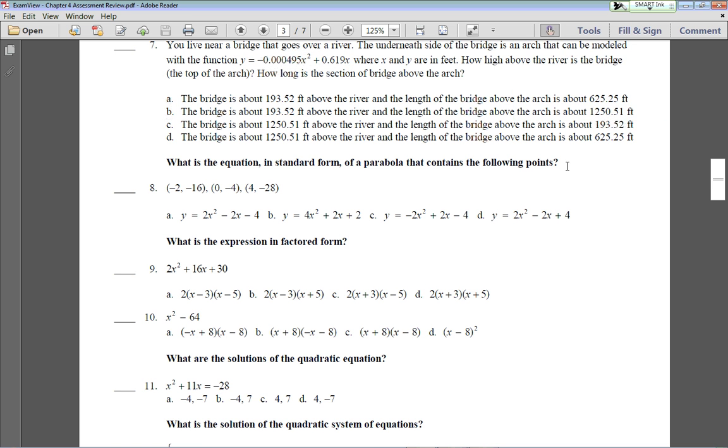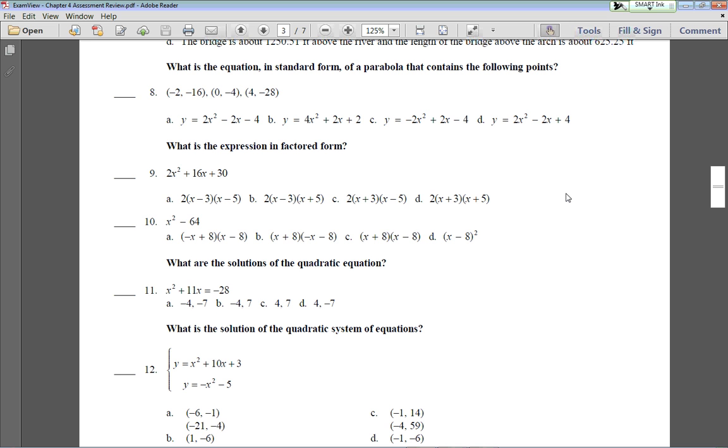Number 8. What is the equation in standard form of a parabola that contains the following points? So for this one, don't forget y equals ax squared plus bx plus c. We're simply going to have to plug each one of these one at a time into this equation to make 3 different equations. So let's plug in the first one. We get negative 16 equals negative 2 squared is 4, so this is 4a minus 2b plus c.